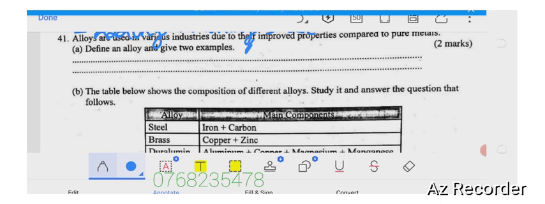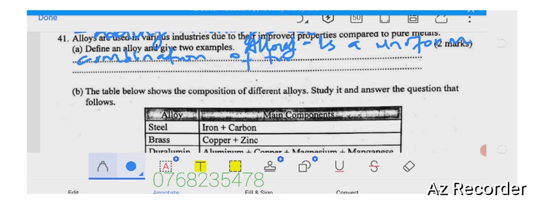So an alloy is a uniform combination of two or more metals, and sometimes non-metals, to improve the properties of a substance.